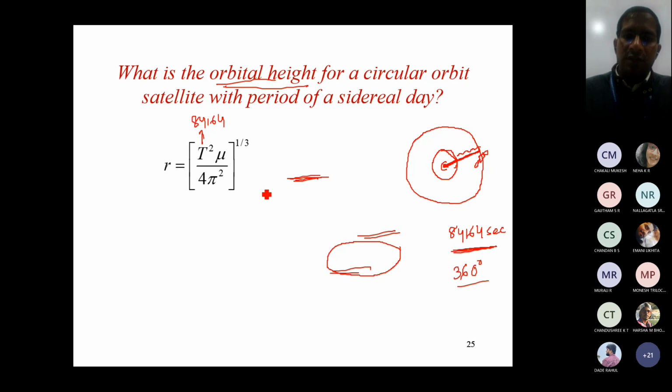So we use this equation of Kepler's third law. Here T is given as 84,164 and the rest of the values are constants for us.